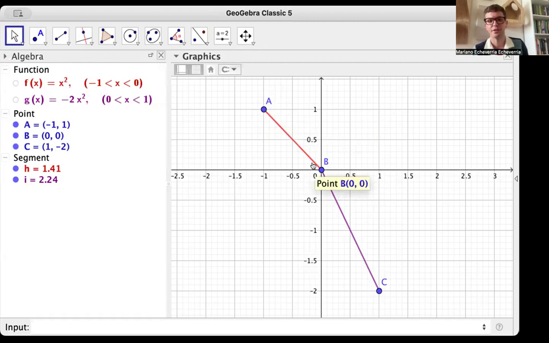If you thought of this as a single function, it is not going to be differentiable at the origin. That makes sense because the derivative of a line is the slope, and these two slopes are different, so there's no way to make them coincide at the point where the change in the definition of the function would happen.